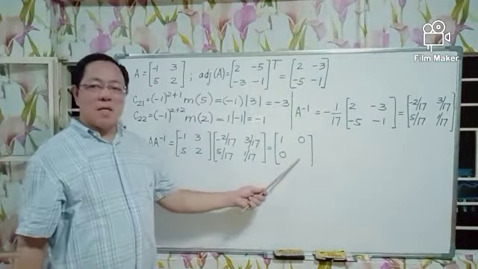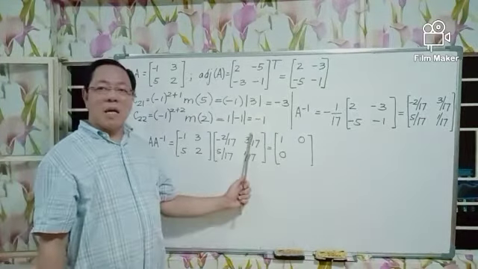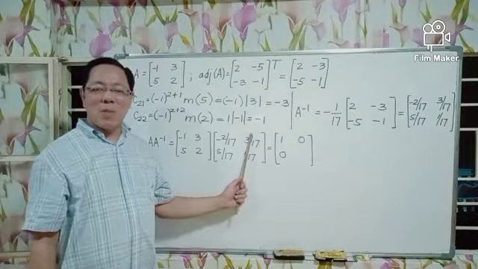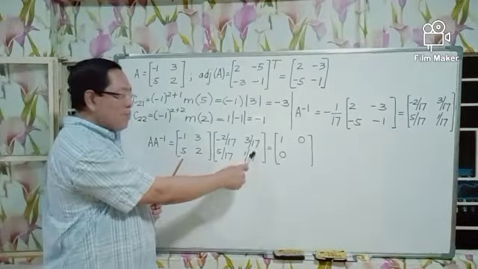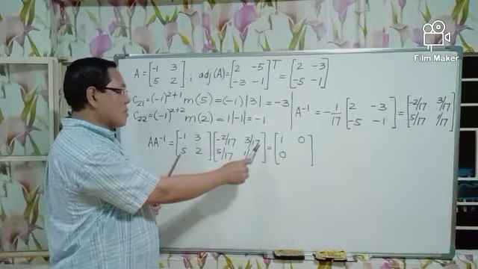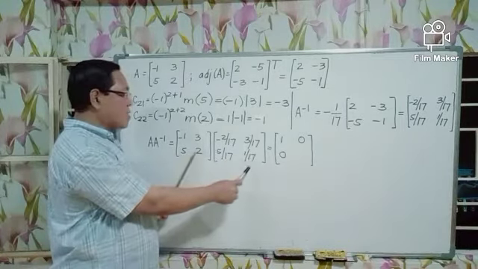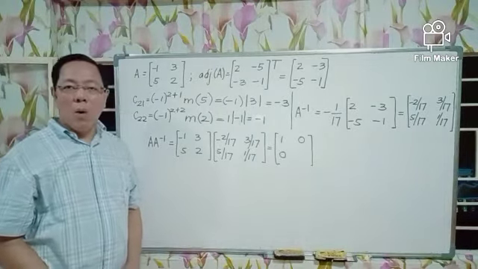And the last entry is obtained by multiplying the second row of matrix A by the second column of matrix A to the minus 1. We have 5 multiplied by 3 over 17 plus 2 multiplied by 1 over 17 equals 15 over 17 plus 2 over 17, that's 17 over 17 or 1.